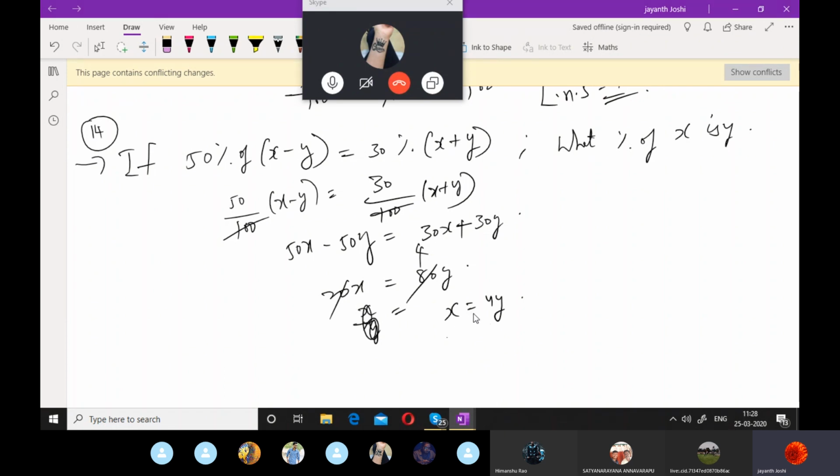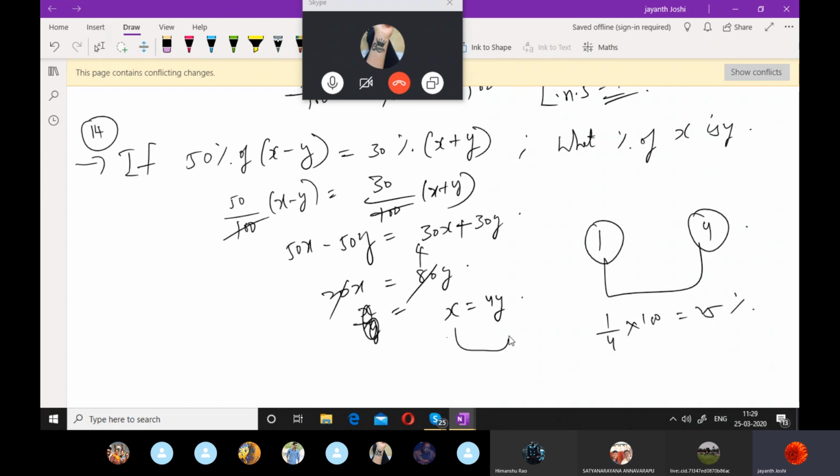So how will you do this? So 1 is how much percent of 4? 1 by 4 into 100. So 25%. So y is 25% of x.